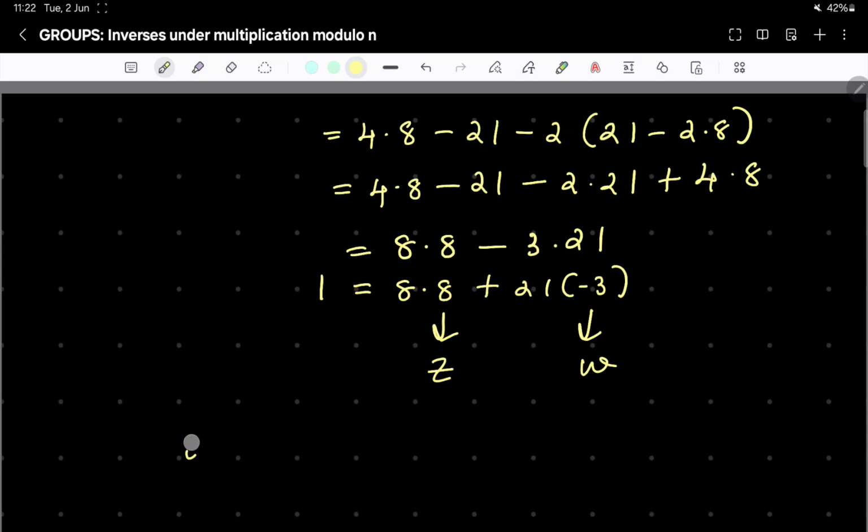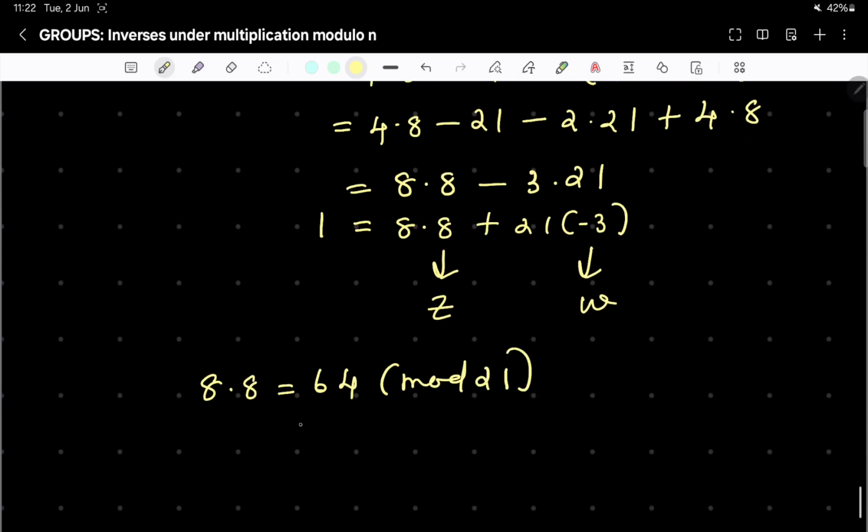So let's check. 8 into 8 is equal to 64. 64 mod 21. So how many times does 21 go into 64? 3 into 21 is equal to 63, right?